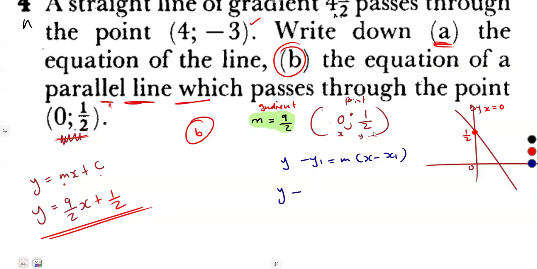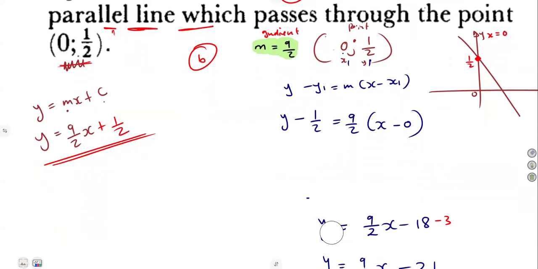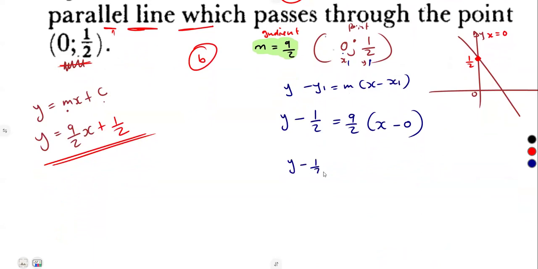Anyway, let's use this formula and see. y minus y1, from our point, that's 1 over 2, is equal to m, our gradient, 9 over 2, into x minus x1, which is 0. Okay, our x1 is 0. So that's it. Here, simplify. We can expand our brackets. That was going to be equal to 9 over 2 times x, that's 9 over 2x. 9 over 2 times 0, that's 0.